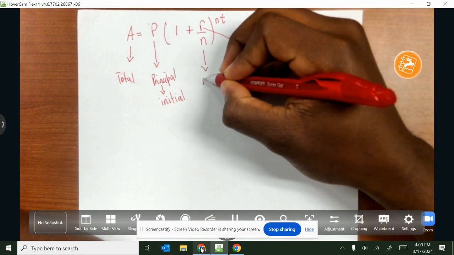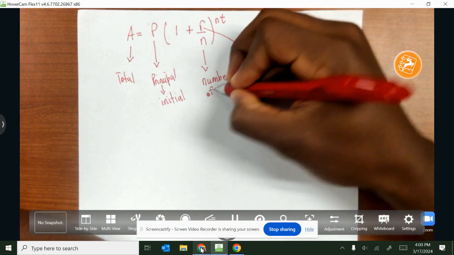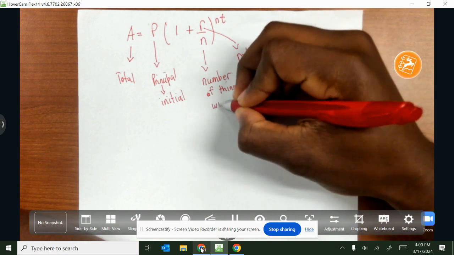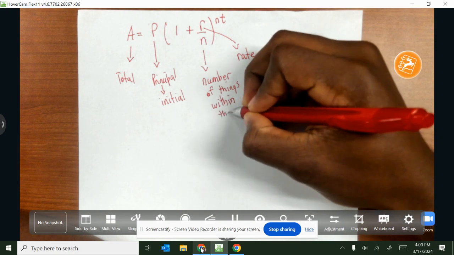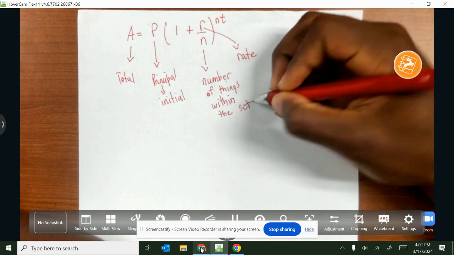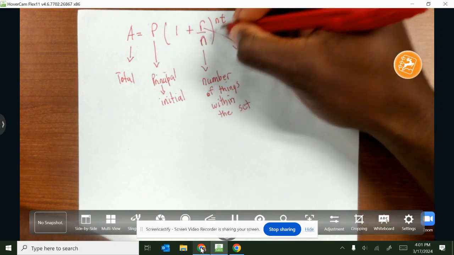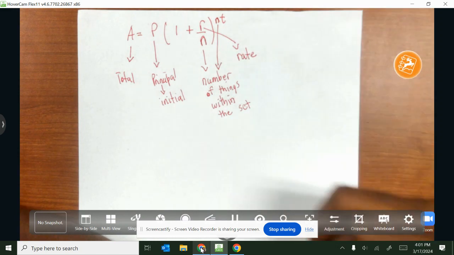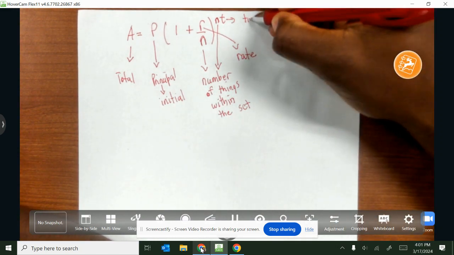N would represent the number of things within your set, and I'll show you what that means. This N and this N are the same number. And T, you can assume, is time.